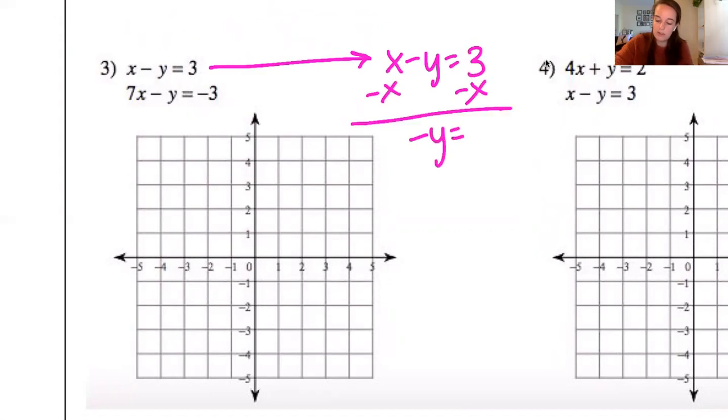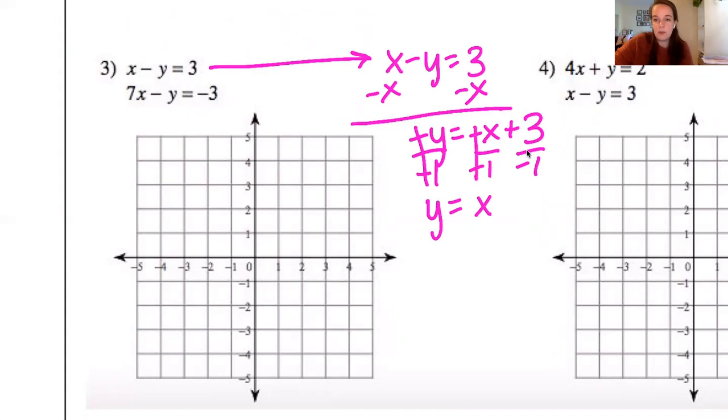Negative y equals -x plus 3. Be very careful. You do have -y, so this should be -y here. I'm going to divide by -1 to make the negative go away. So I have y equals +x, because the negative and the negative will cancel. And then +3 divided by -1 will be -3.